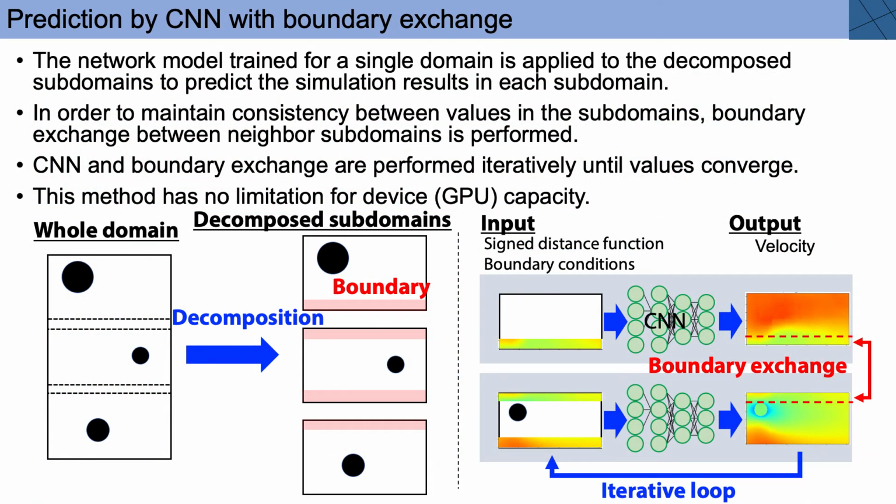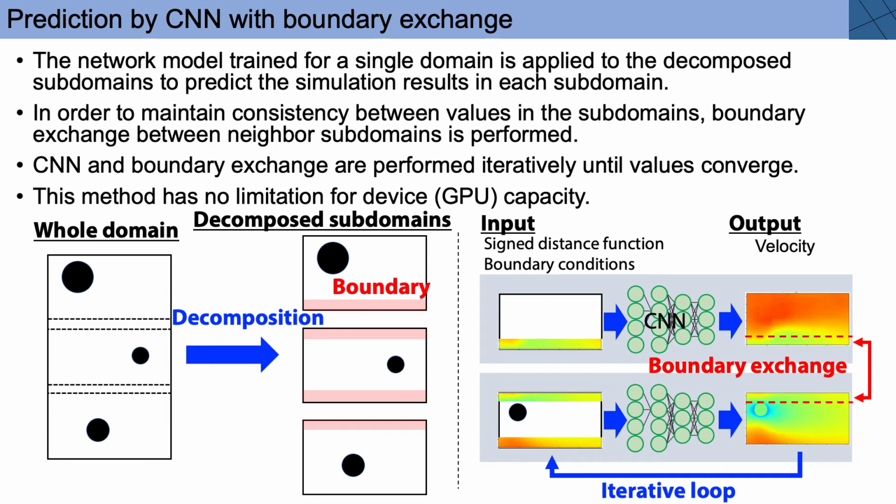In order to predict the result of a large-size domain, we propose a prediction method using CNN with boundary exchange. In this method, we decompose a large-size domain into multiple subdomains.